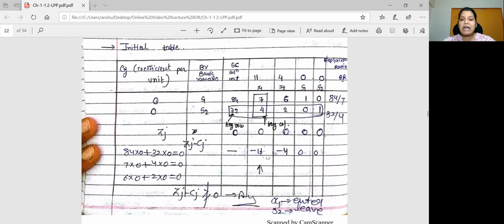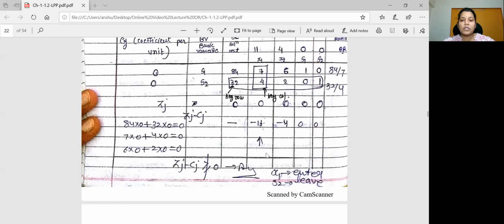Next step is that we find the minimum value among -11 and -4. The minimum value is -11. You can also remember it as the largest value with a negative sign before it, that means -11. So -11 is in our x1 column.